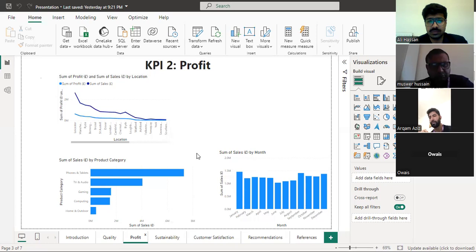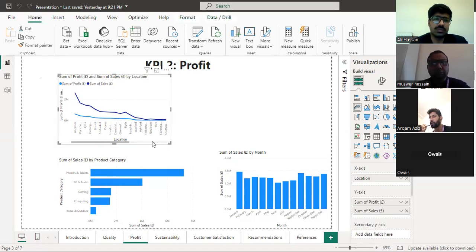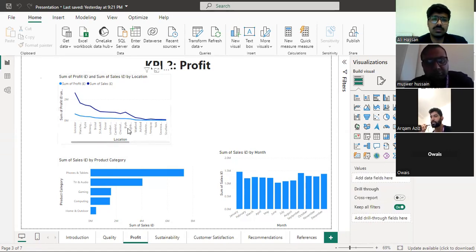So now let's move to the first line graph, which is showing the different locations. If we talk about the city locations, first we have Leicester, Manchester, Ryde, Birmingham, Bristol, St Austell, Dover, London.